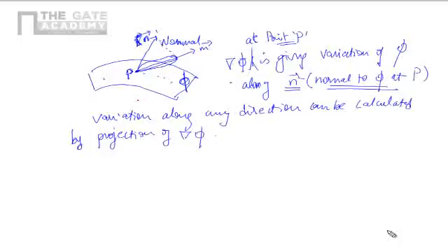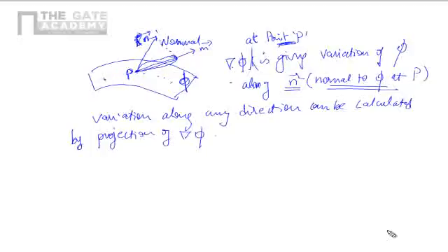I repeat, here I am evaluating at point P. That is, you first find del phi and substitute for the point P. So you will get del phi as a vector, not as a function. Then you project that vector on this vector to find the variation along m. Now if I don't substitute the value of point P, you will get del phi as a function.